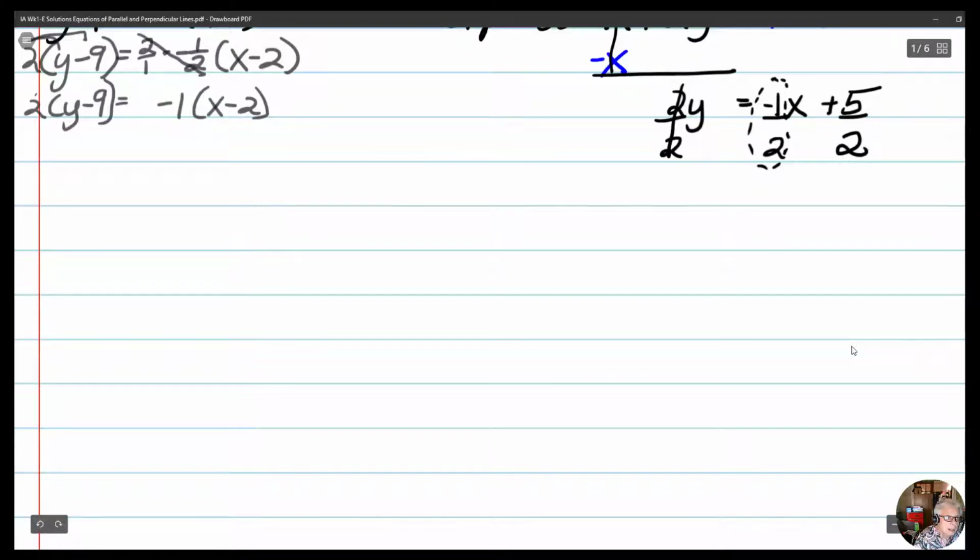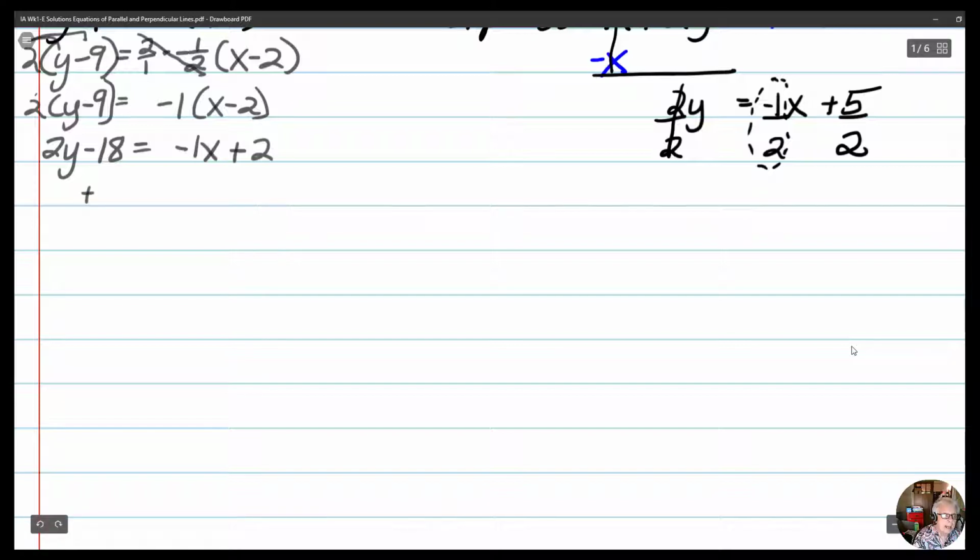Okay, so this is going to be 2y minus 18 equals, I'll distribute the negative 1. Negative 1 times x is negative 1x. I'm going to leave the 1 there for a while. And negative 1 times negative 2 is positive 2. I could also have said negative 1 times minus 2 is plus 2.